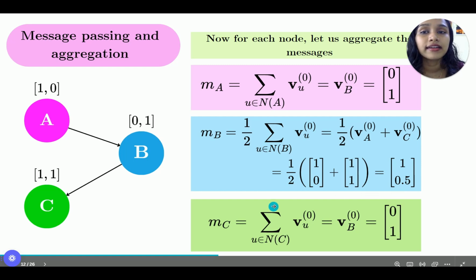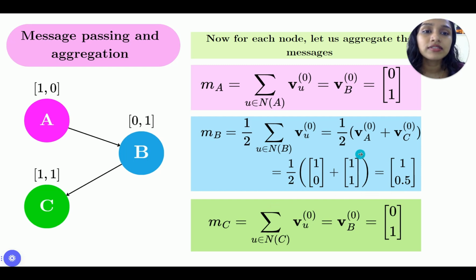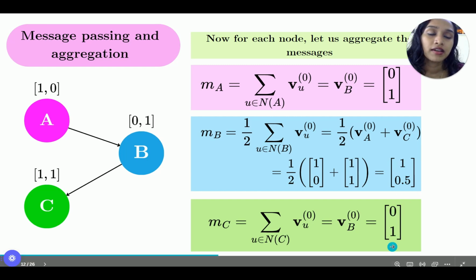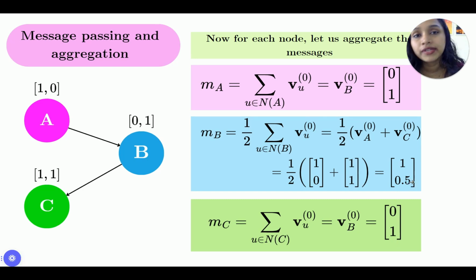So the updated or aggregated messages of these three nodes become 0, 1; 1, 0.5; and 0, 1. Now we can use a simple neural network layer or an activation function for further calculating the node embeddings, so that we will see when we do the numerical example for this part. Now the updated node embeddings are this.